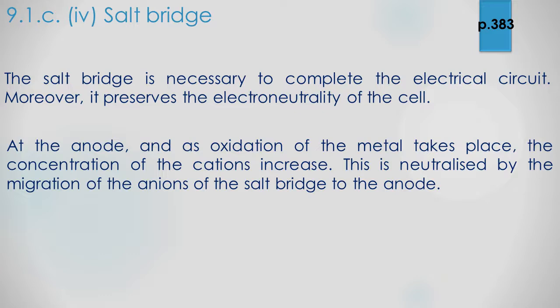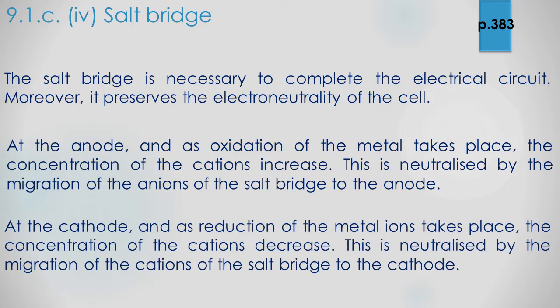So therefore, to neutralize these extra cations formed, the anions of the salt bridge migrate to the anode compartment. At the cathode, what happens is reduction, where the metal ion gains electrons and forms the metal. So therefore, the amount of the cations at the cathode decreases. And this is again neutralized by the migration of the cations of the salt bridge to the cathode compartment.